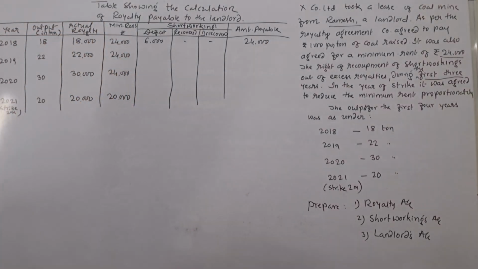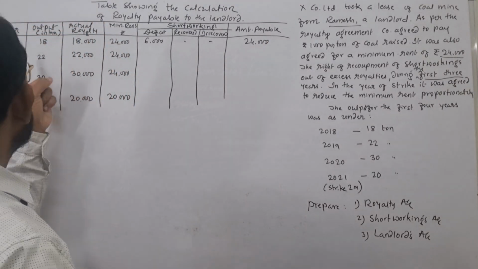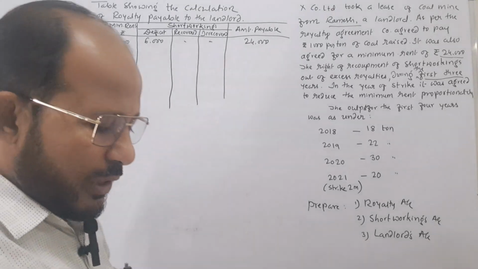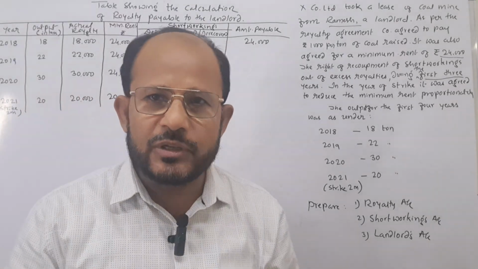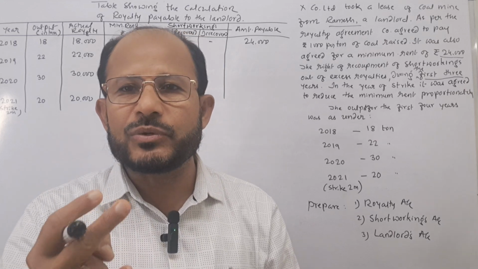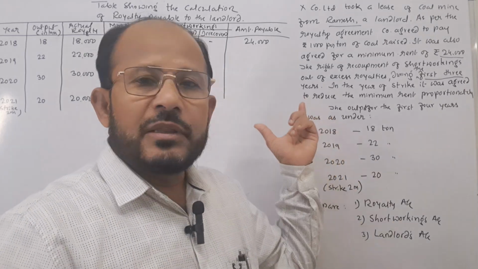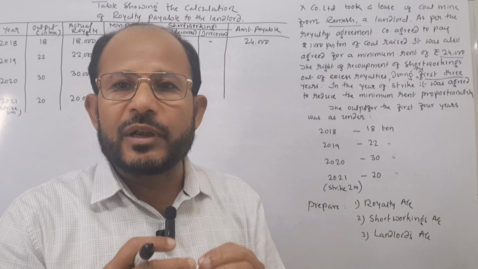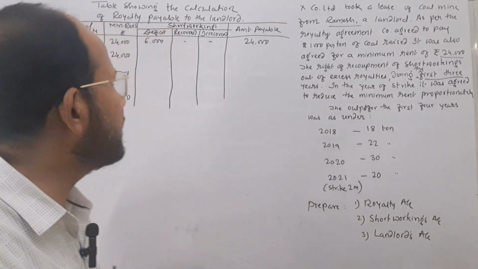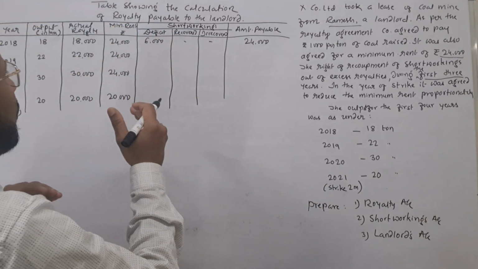Rupees 24,000. Next one is in the year 2019, actual royalty is rupees 22,000. Here also a shortage is there, rupees 2,000, because the landlord is going to accept rupees 24,000, not less than that. Because of that reason, again the company has to pay more.